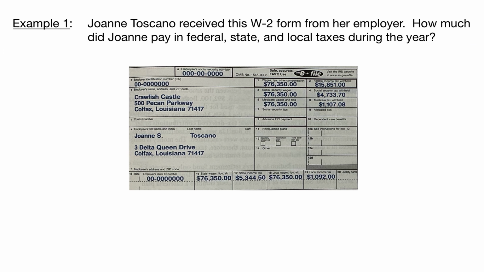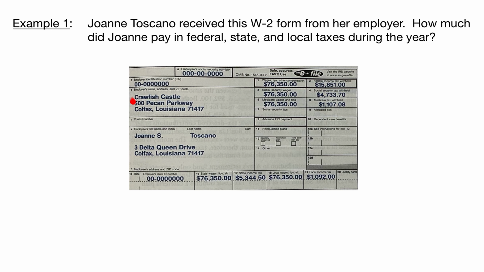Let's take a quick look at this W-2 form. What you will notice is that in your W-2 form, you have your Social Security number somewhere up here, your employer's tax ID or identification number will be here, and your employer's name and address.